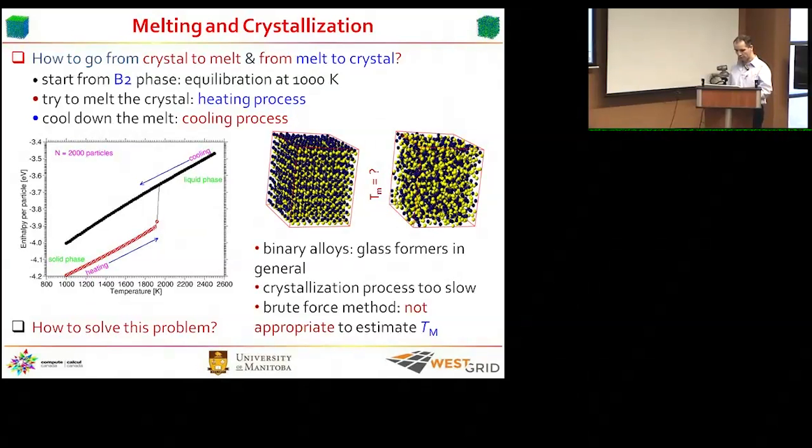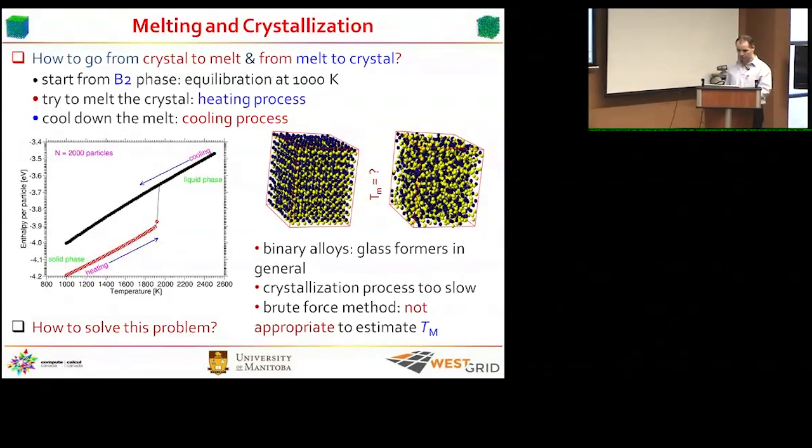We start, for example, from a crystal, then increase temperature. At some point, the system goes to the liquid, and we can continue in the liquid at a high temperature. Now, if we want to go back, we decrease the temperature, and we have almost the same path, but at a certain point around the melting point, we cannot go back to the crystal.